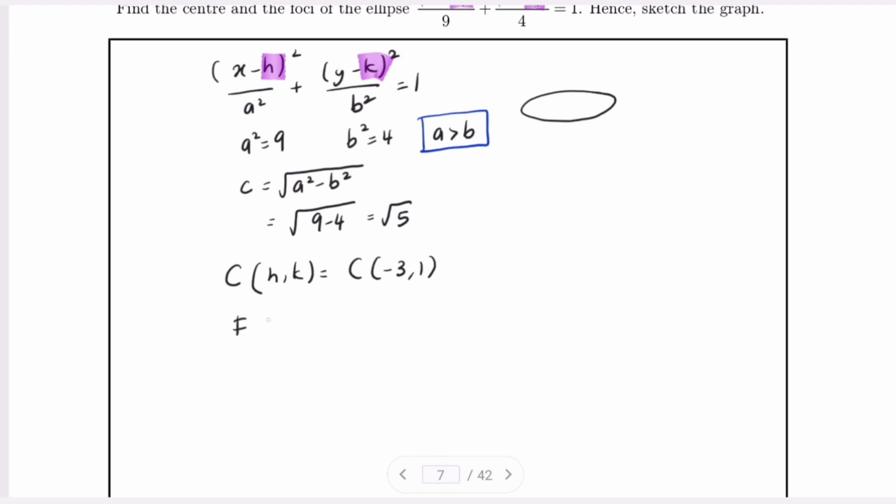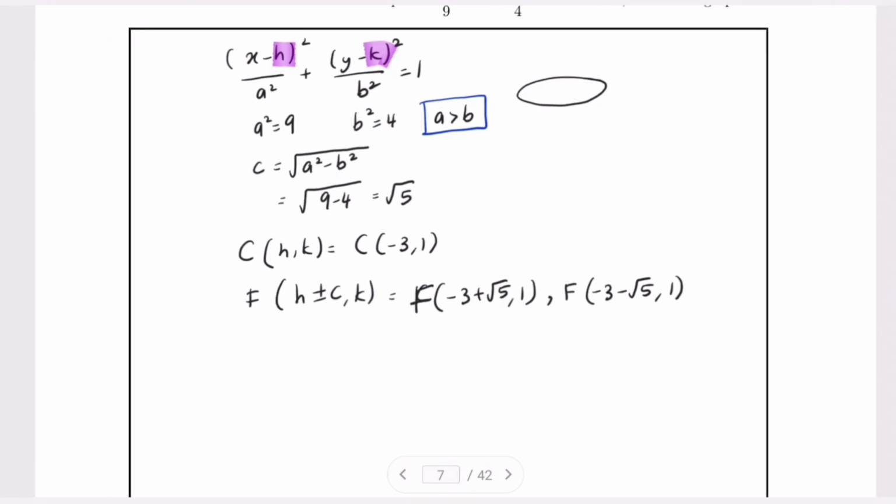So for the foci, it's going to be (h plus minus c, k). So it's going to be (negative 3 plus root 5, 1) and (negative 3 minus root 5, 1). You can leave your answer in root form.